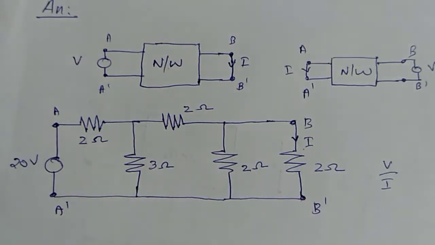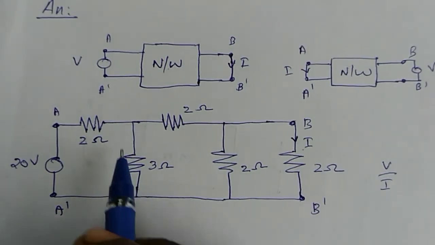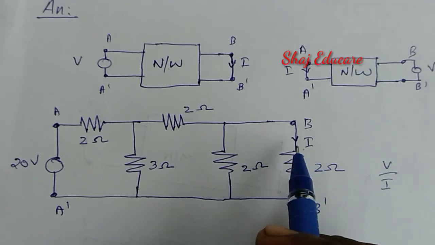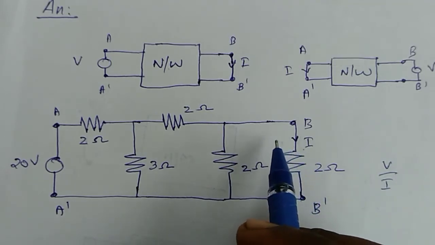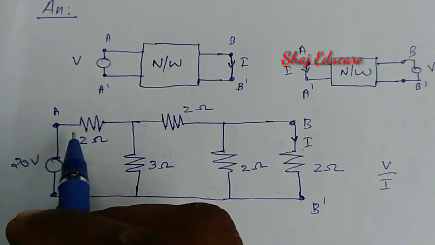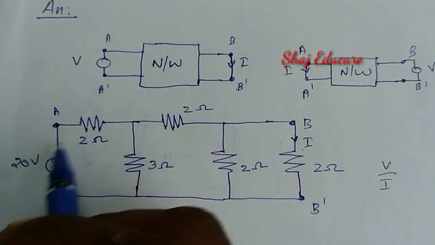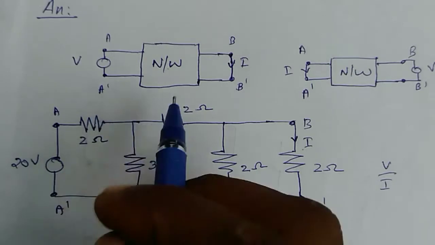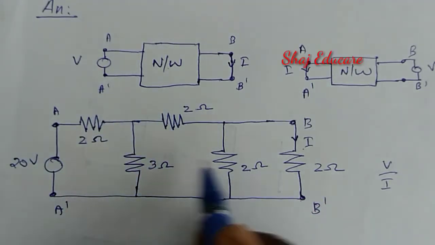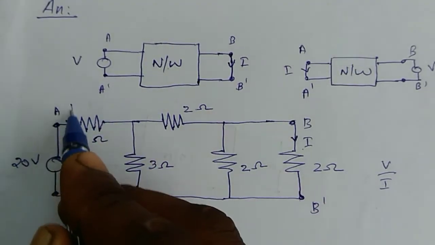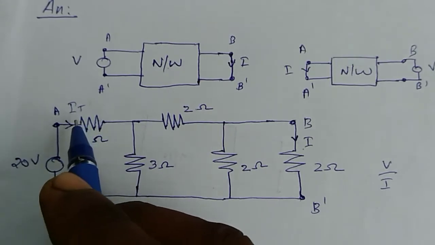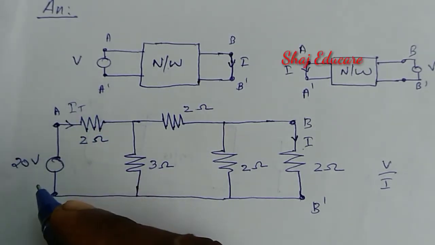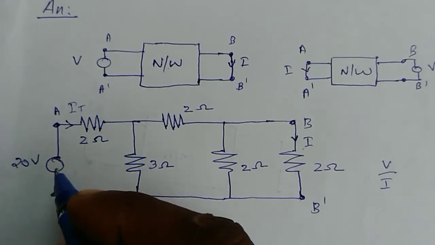In order to find the current through this branch using the current division rule, we should know the total current supplied by this voltage source in this circuit. Let us mark it as IT. IT is the total current provided by the 20 volt voltage source.